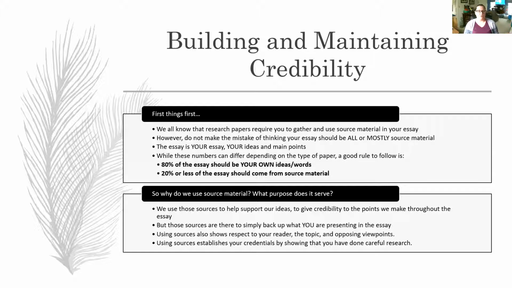In general, though, we use sources to help support our own ideas about a topic, to help give credibility to our own ideas, the points that we are making throughout the essay. Those sources are there to simply back up what you are presenting in the essay.